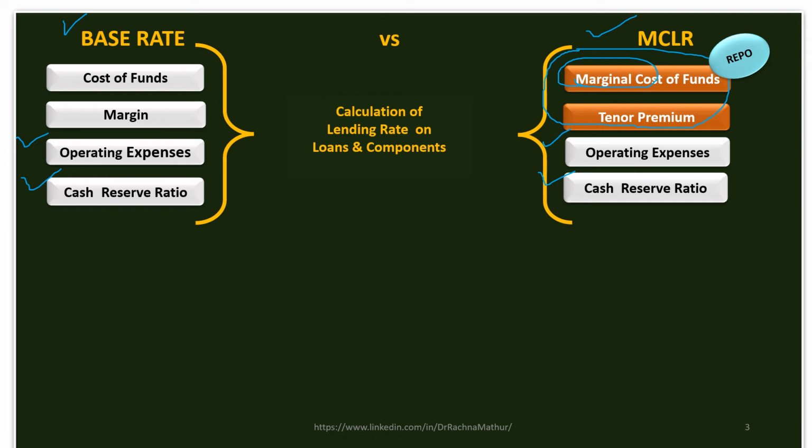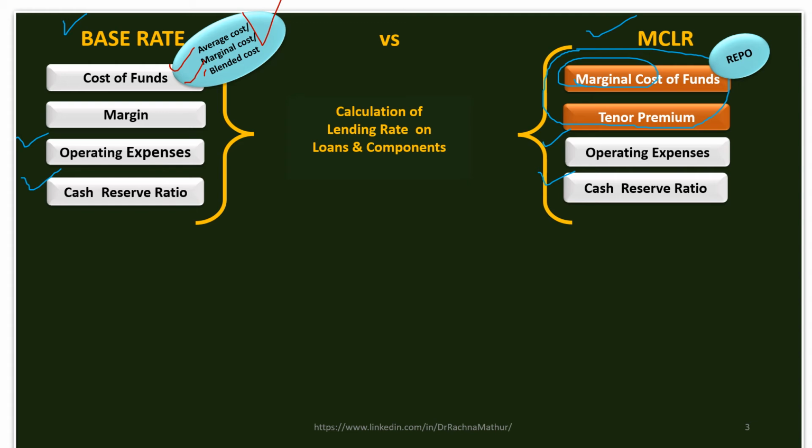Whereas in the base rate system, banks had discretion to choose between average cost, marginal cost, and blended cost of fund. Therefore, policy transmission in base rate system could not become very effective as banks adopted various methods in calculating their cost of fund.